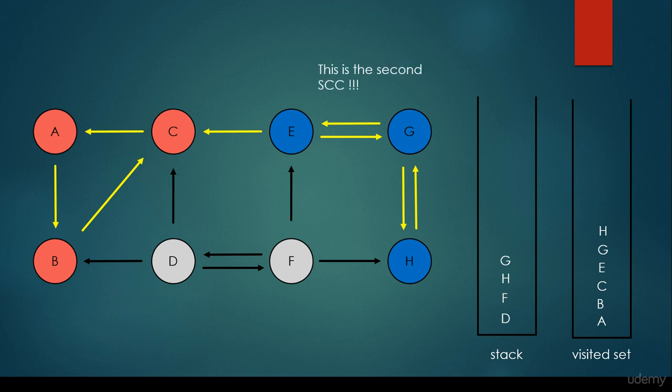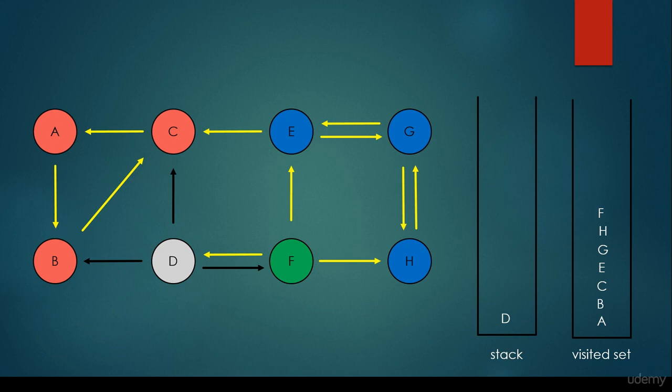Okay, so we keep popping items out of the stack again. G has already been visited, H has already been visited, so we pop F. So it's going to be the first item of the third strongly connected component. We visit all of its neighbors, but we have already considered H. We have already considered vertex E. Okay, we have the vertex D that hasn't been visited so far, so we visit it.